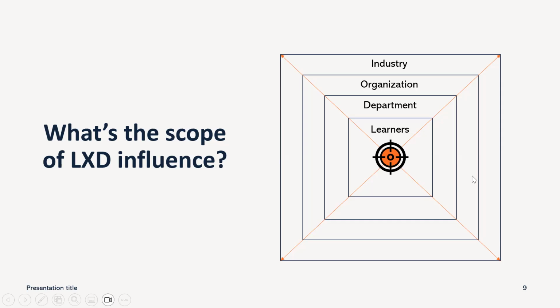So this was a little box in box strategy image that I used just to explain that with learning experience design, if done properly, we actually have the power to influence all these levels. And we earlier had a very good session on measurement matrix. That is where it comes in.